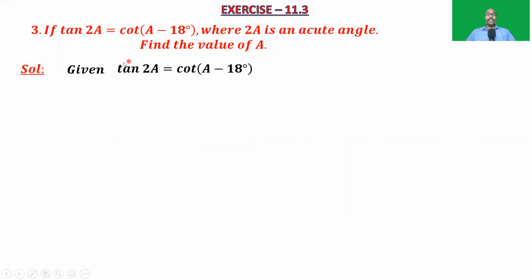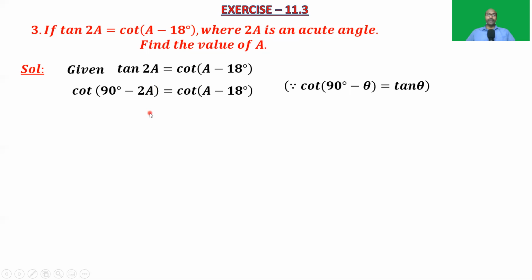trigonometric ratios into their complementary angles. That is, we can write tan 2A is equal to cot of 90 degrees minus 2A, because we know that cot of 90 minus theta is equal to tan theta. Now, here the ratios of 90 degrees minus 2A and A minus 18 are equal, so we can equate the angles.